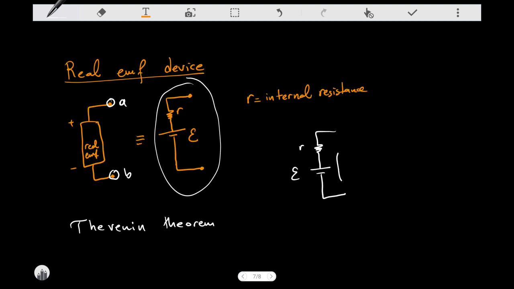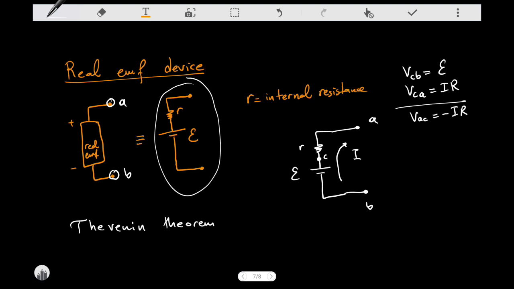So let's consider the situation where the current is flowing like that. Again, this is point B and this is point A. If I take this point as C, I know that the potential difference V_CB is equal to the EMF. And I also know that the potential difference V_CA is equal to I times R from Ohm's law. So as a result, the potential difference V_AC is equal to minus IR.